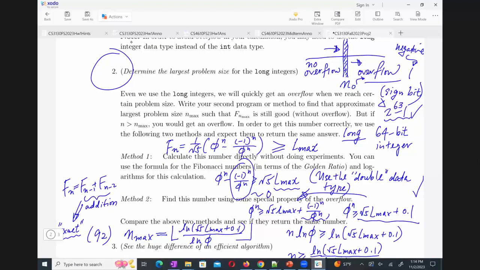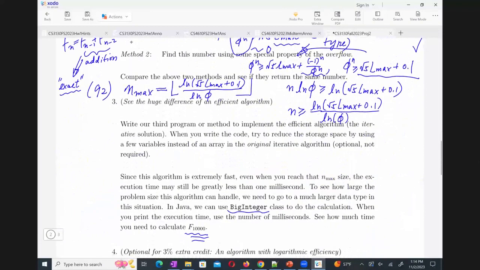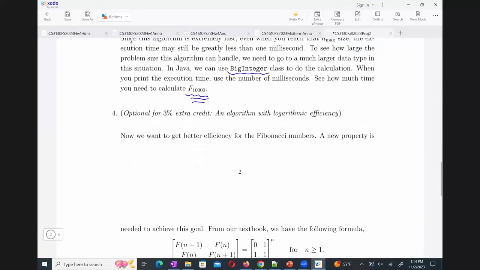All right, next, you just read the instructions, but here I want to talk about the optional part. I also give you an optional subproblem. You can earn up to 3% extra credit.